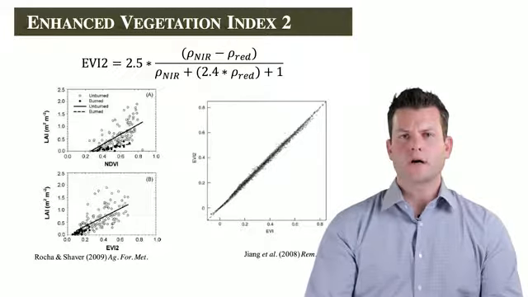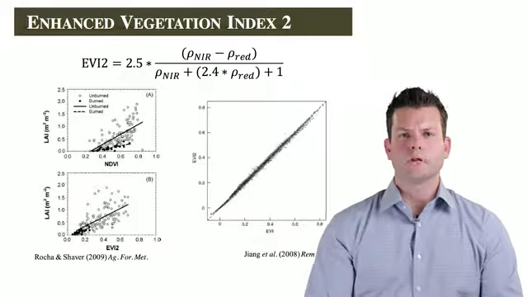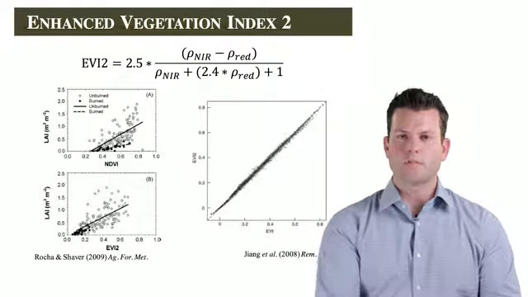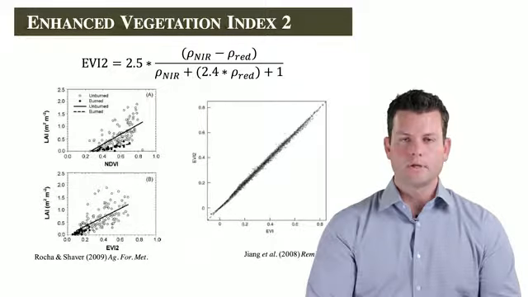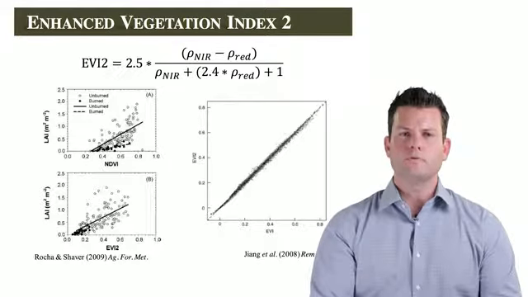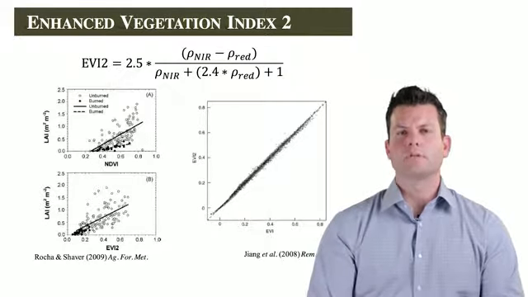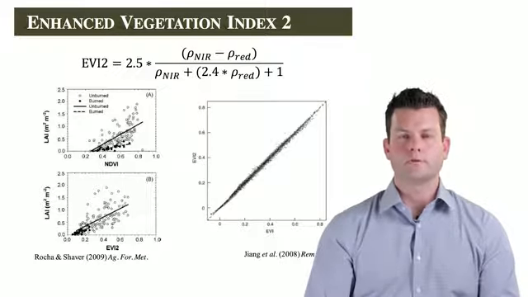And so what you can see in the top left panel is that NDVI has two different relationships with LAI depending on whether it came from a burned area or a non-burned area, whereas EVI was less sensitive to that difference, the disparity in the background that was caused by the burned area. So with the burned area, you have soil, you have a dark background that's going to affect the red reflectance, but the way that the EVI2 is formulated, it decreases that sensitivity. And so you can see that there's just a single regression model that can be fit to all ecosystems regardless of their history.